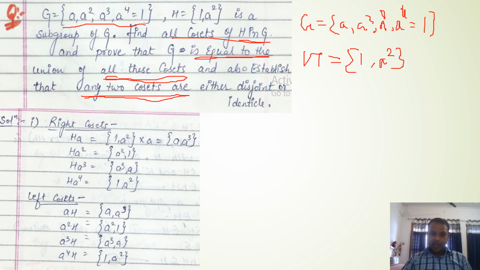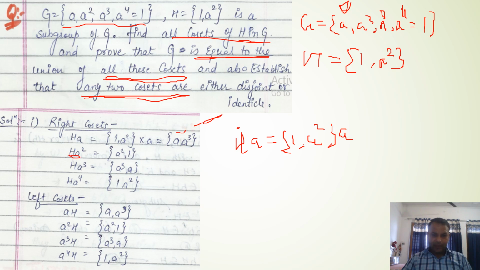First, we take the first element from G and we will write Ha. Ha means you will multiply all elements of H by a. It means you will write 1 comma a square, multiplied from the right by a, so we will get a comma a cube. Similarly, we will find Ha square.